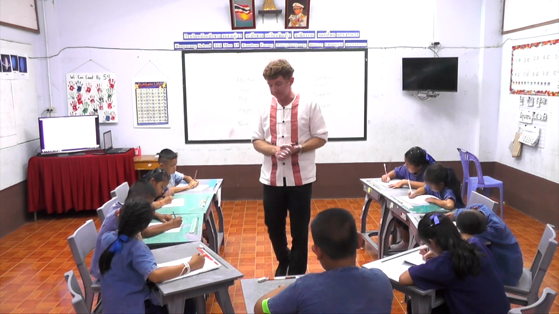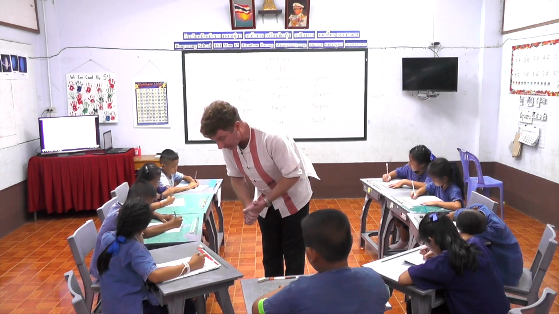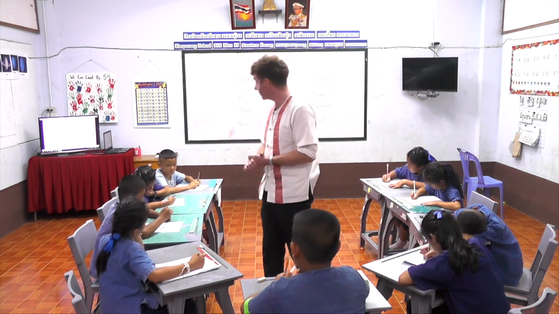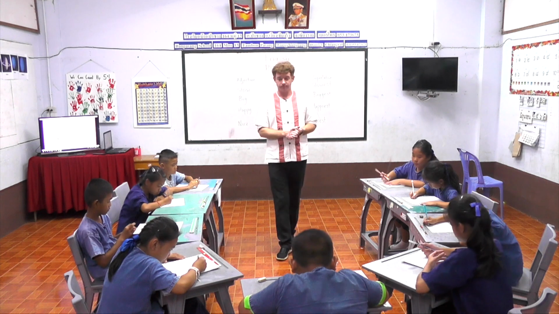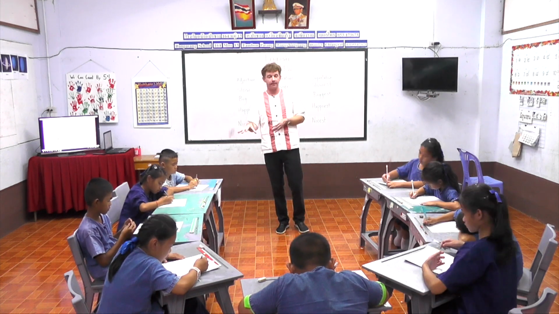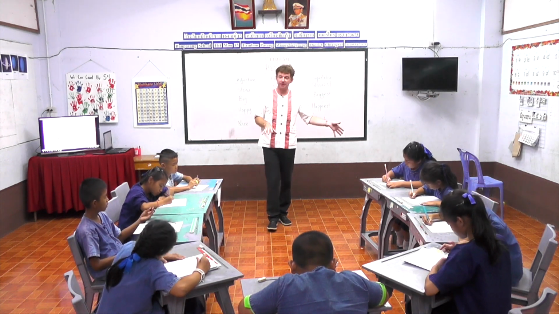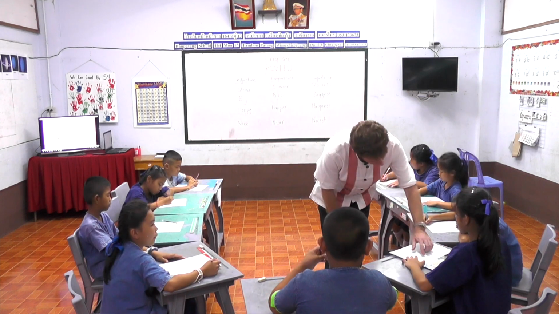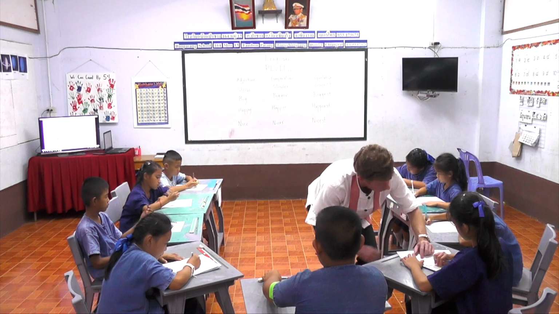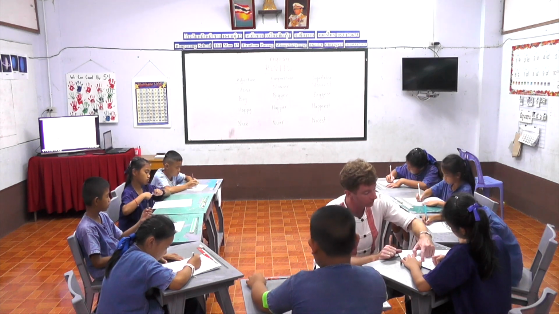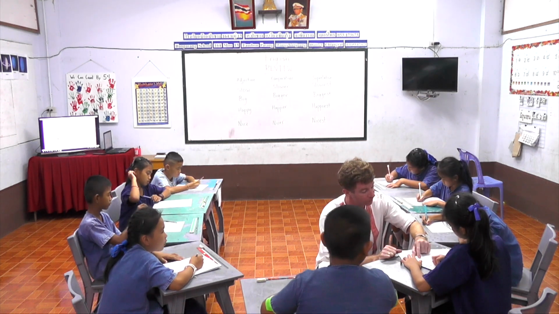So first one. Big, bigger, biggest. We have that one on the board already. Hot. So what do we need at the end? So if it's vowel, consonant, what do we need the second of?